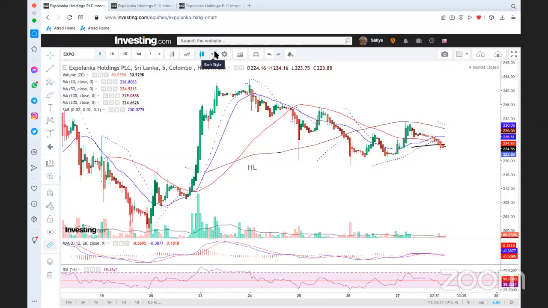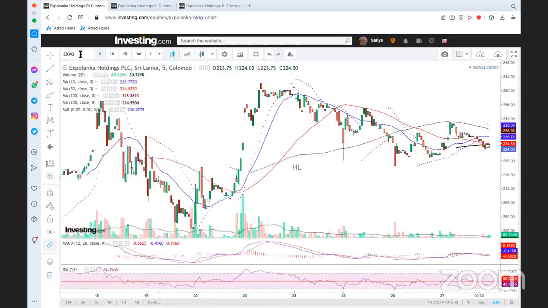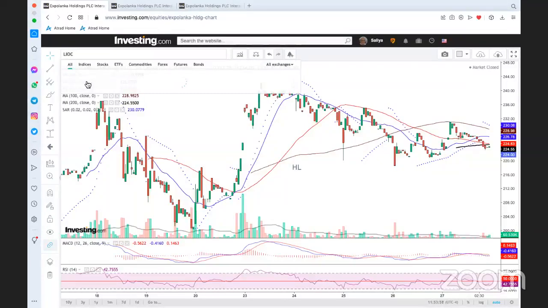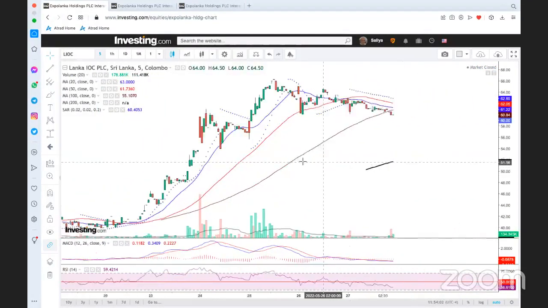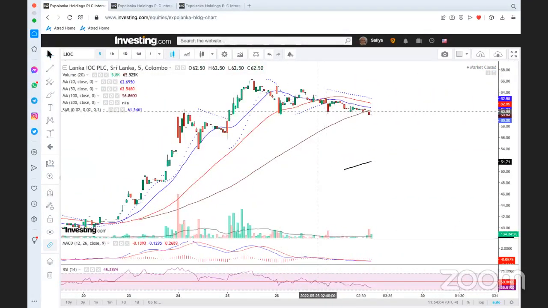You understand? That's why I was talking about the LIOC. We have to be confident. You can see a triangle, but it's in an uptrend. But in this case, the triangle support line was broken. If you go back to that LIOC, you will see I was using these 2 points.